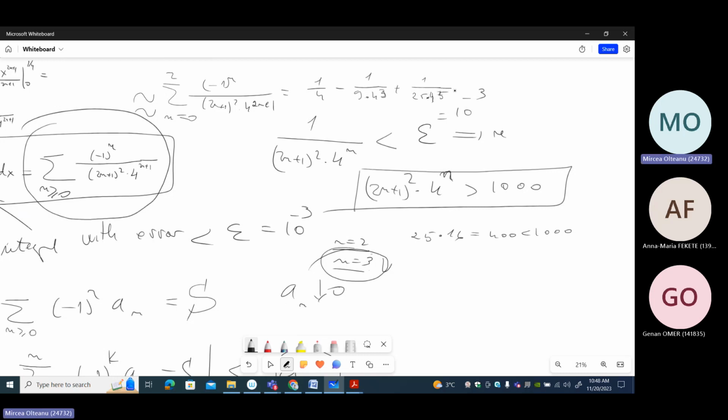And now we can make the computation, and this is the value of the integral, an approximate value with an error less than 10 to the minus 3.